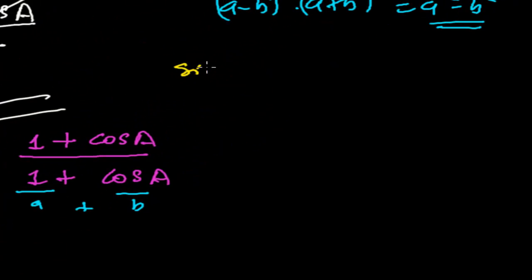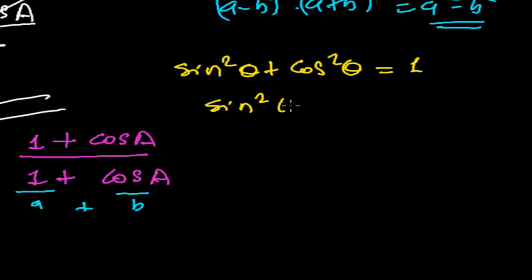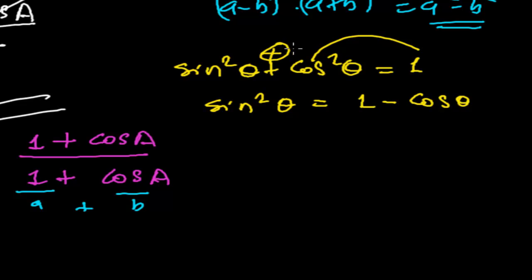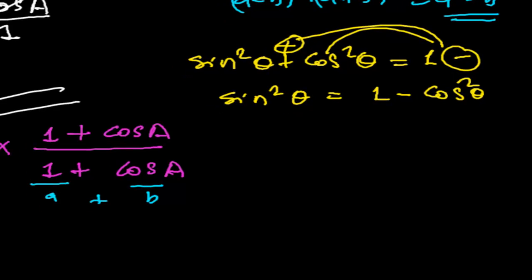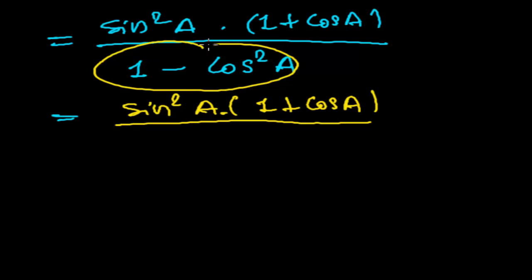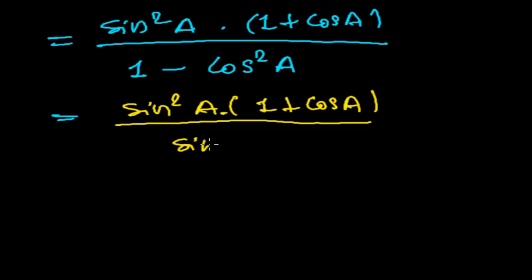We know that sin squared theta plus cos squared theta is equal to 1. Then I can write that sin squared theta is equal to 1 minus cos squared theta. The cos squared theta will go to this side in negative form. So in place of 1 minus cos squared theta, I can easily write sin squared a.